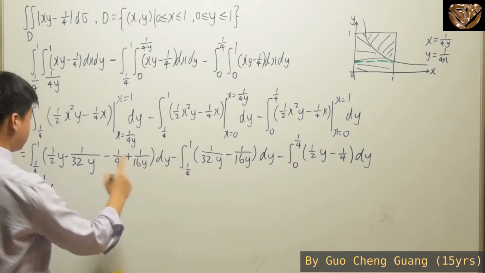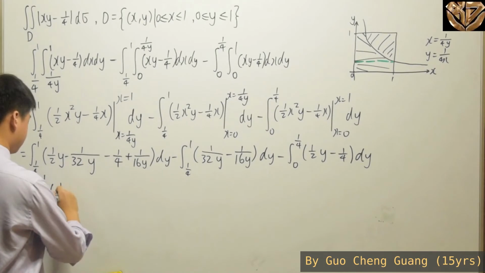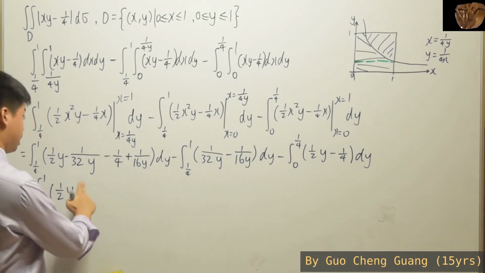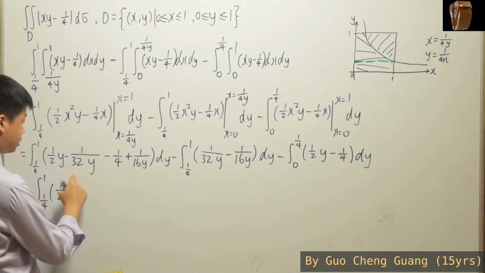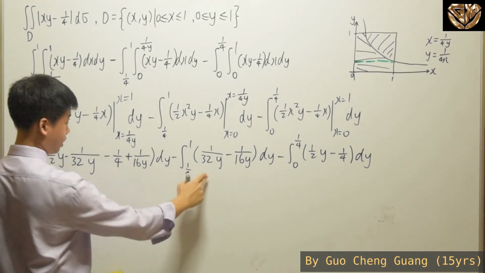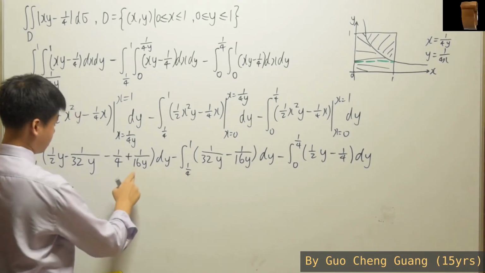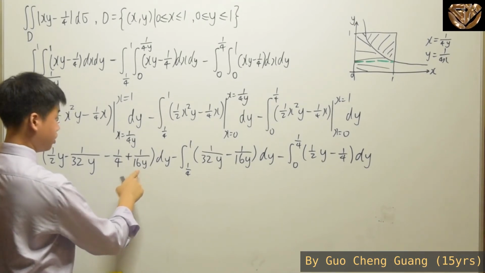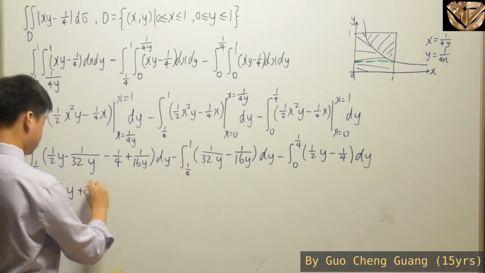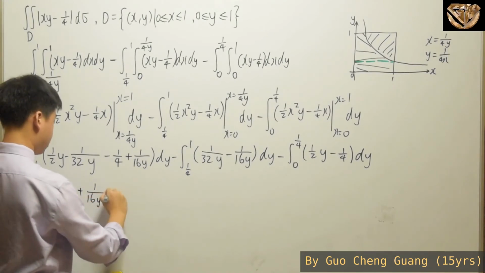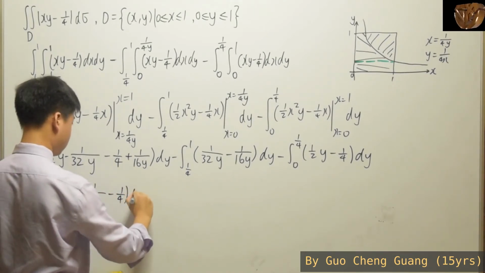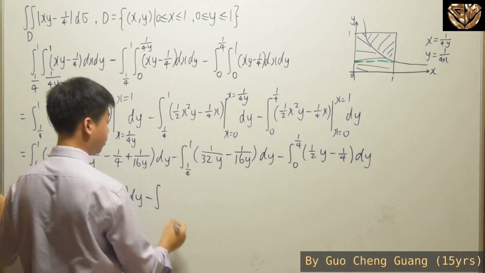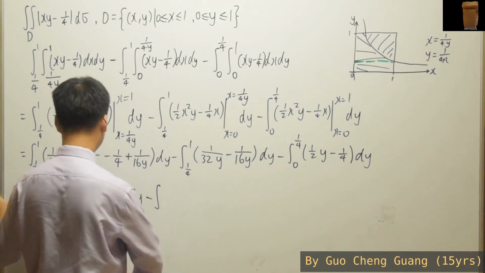Now if you combine the first two terms, you have half y, then you have minus 1 over 32y minus 1 over 32y plus 1 over 16y, which is a 0. So you just have this, which is plus 1 over 16y and minus 1 over 4. Then dy. So for the part behind, you could choose to integrate it already, or you can choose not to. It depends on you.